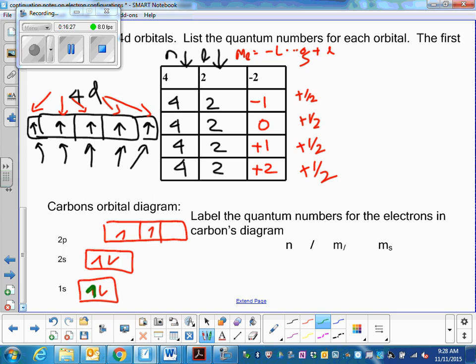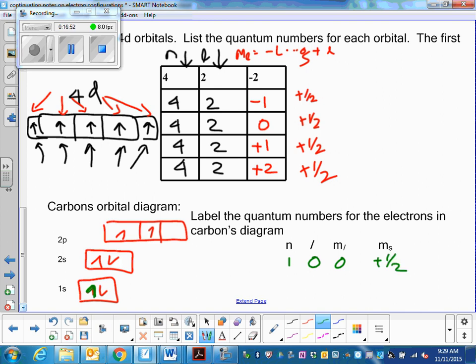What is the value of n? 1. It is in the s orbital. What is the value of L? 0. If L is 0, what will ML be? 0. Automatically 0. Now, this electron is spinning up, plus 1 half.